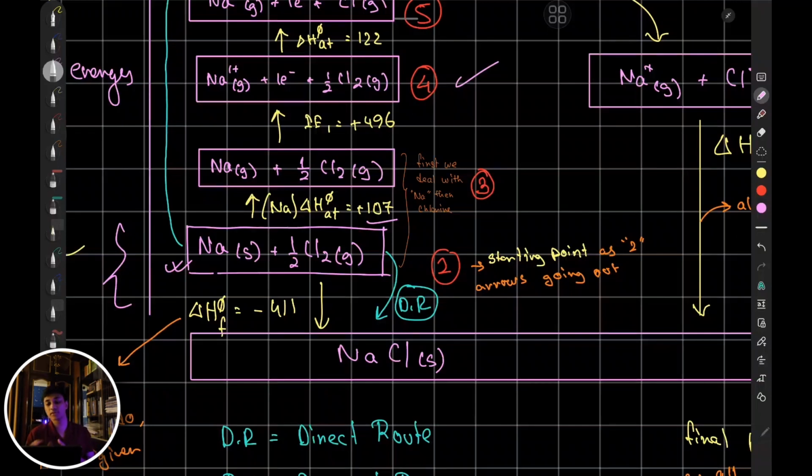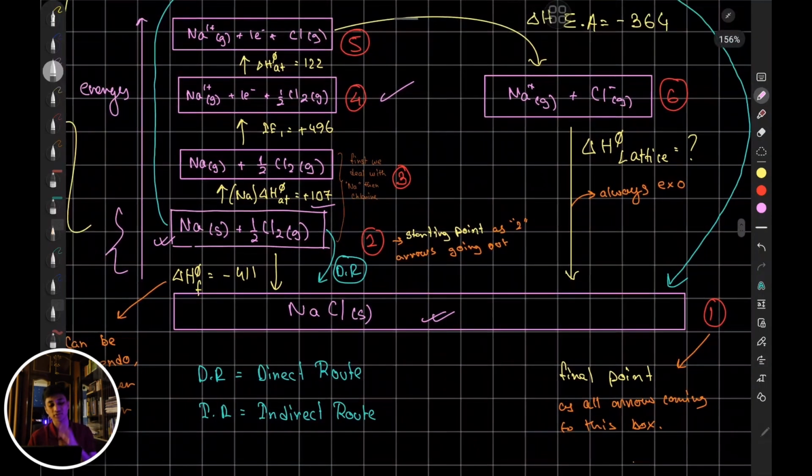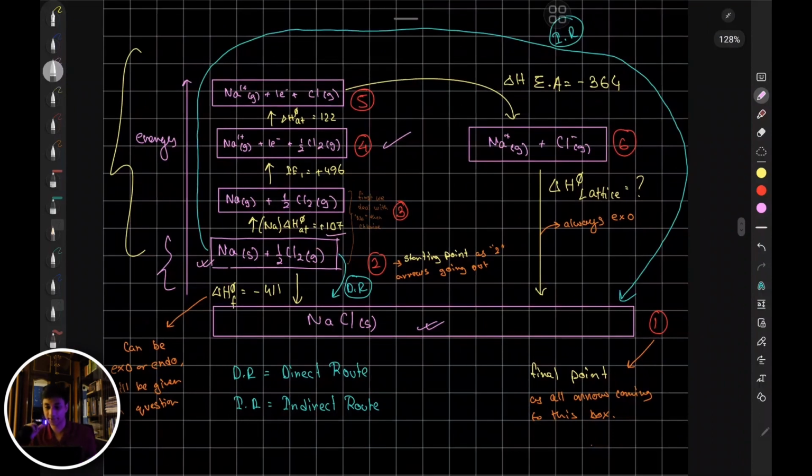What is the ending point? For NaCl, two arrows are pointing towards it, meaning at the end of the day, the end product that both of the routes need is NaCl. Therefore, NaCl is going to be your ending point or the final point. Great.